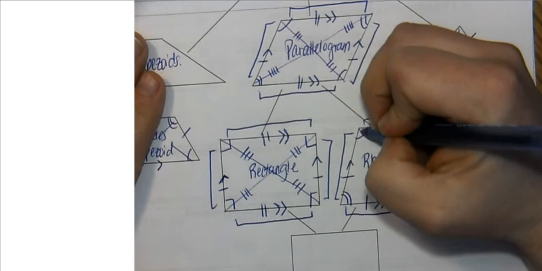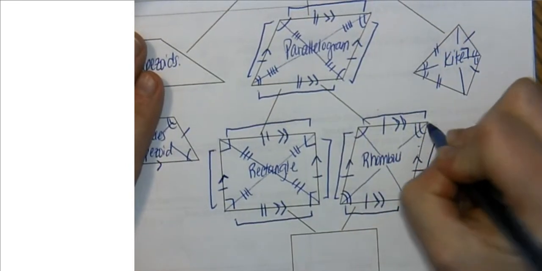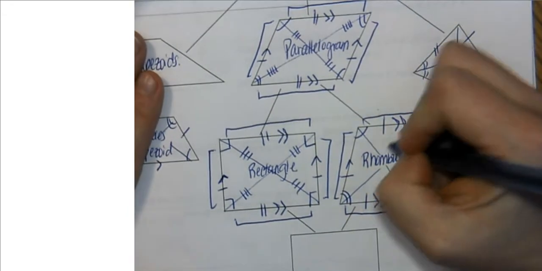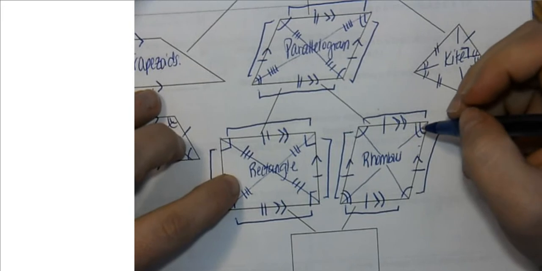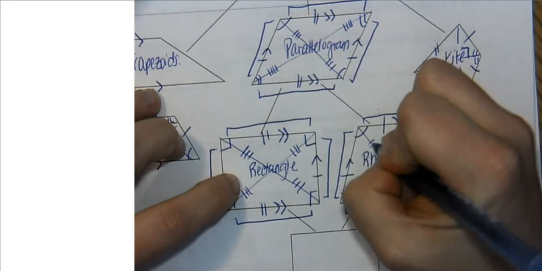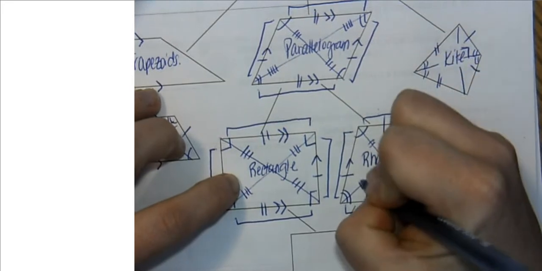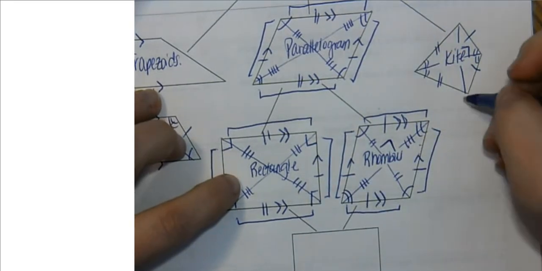So it still has those properties of a parallelogram. The diagonals do bisect each other, but the diagonals have special properties. They're not congruent, like a rectangle's diagonals are congruent. A rhombus's diagonals are not congruent, but they do intersect to form a right angle, so they're perpendicular bisectors.